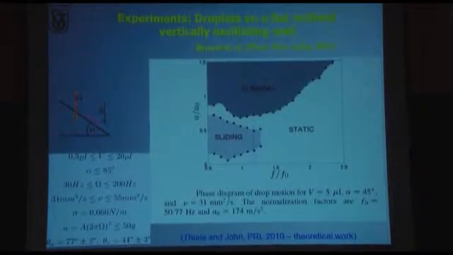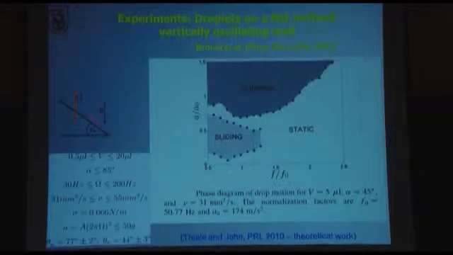There is some theoretical work by Uwe Thiele and Karen John, who also published a few years ago. It gives some explanation for this. Basically, it would be interesting to see what happens when we go along one of these lines, which corresponds to a certain frequency.